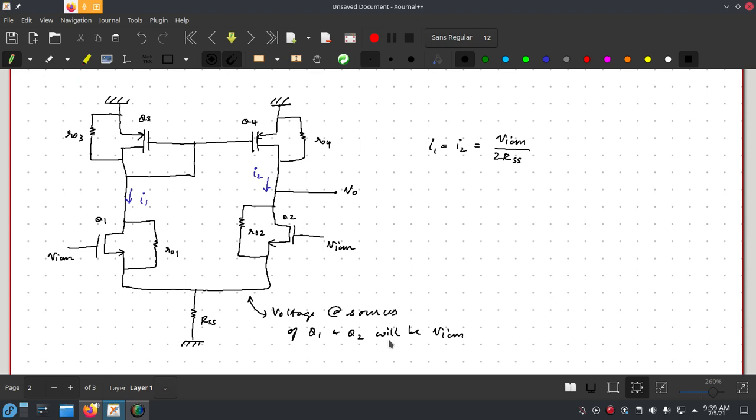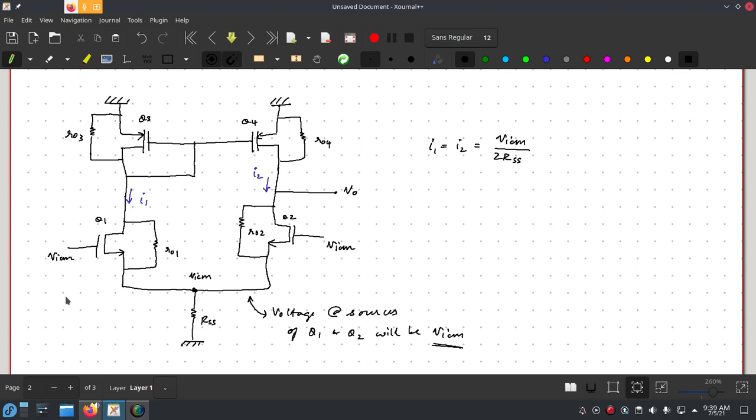So the source voltage will be the same as the input voltage, which is VICM in this case. So the voltage at this node is actually VICM. Then the current which flows, I1 and I2, will be VICM by 2 RSS.